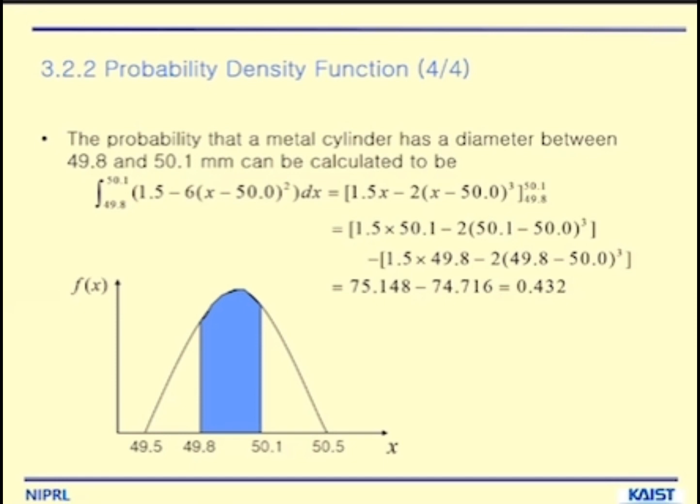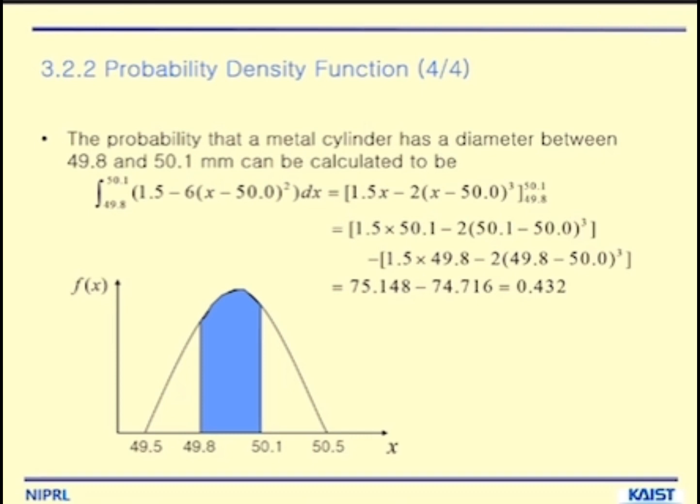But take a look at what I want to do now. We want to find the probability that a metal cylinder has a diameter between 49.8 and 50.1, which means we are not interested in 49.5 to 50.5. We are not interested in the total area under a curve. We are only interested in that blue shaded part. What do you expect to get even before you get the result? The result should be less than 1, because the total area under a curve should be 1.